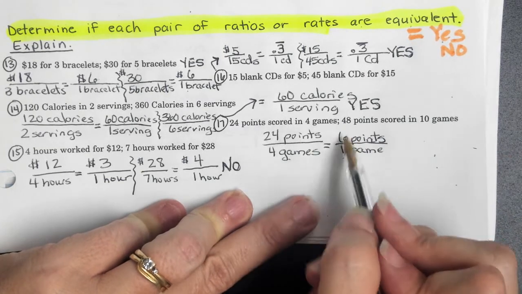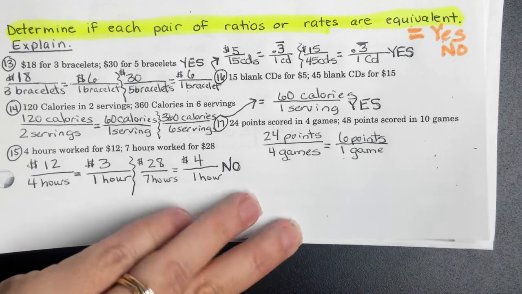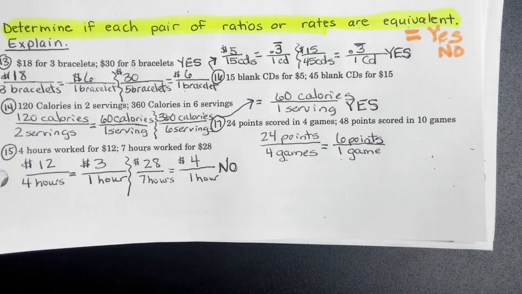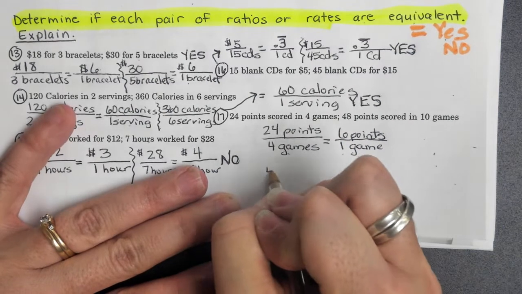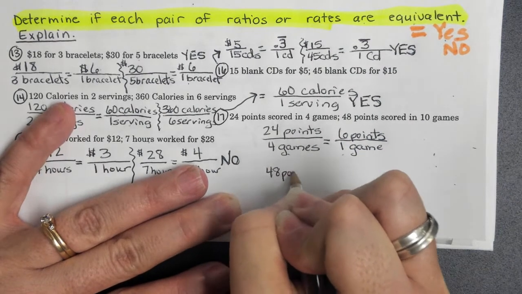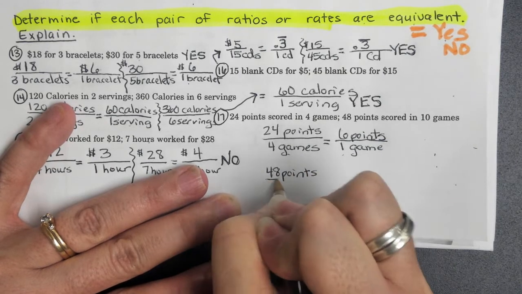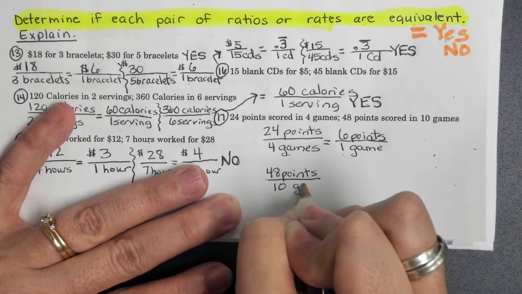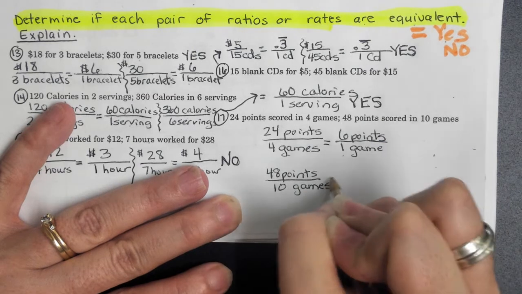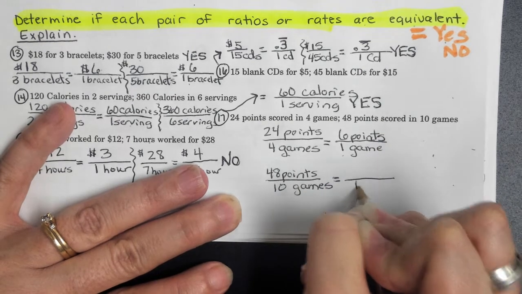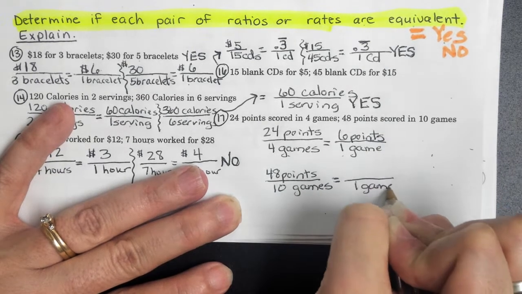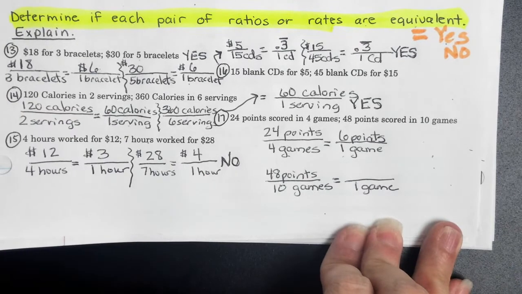So that's like the first team. The second one is 48 points in 10 games, I think it was. So how much in one game? 4.8.